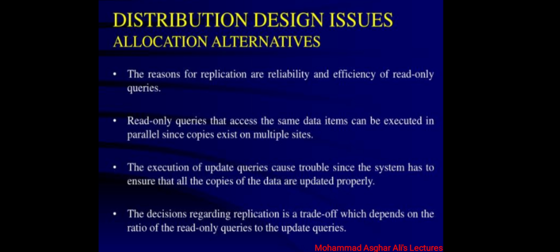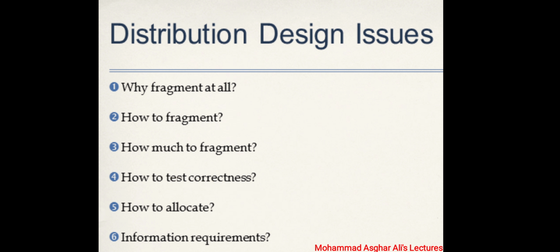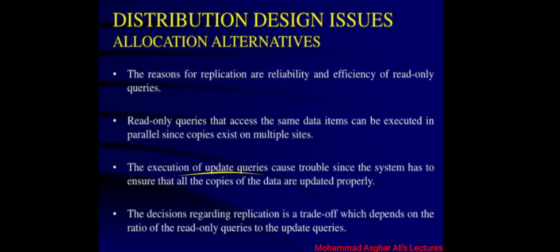Next point is how to allocate. Allocation alternatives. When data is allocated, it may either be replicated or maintained as a single copy. The reasons for replication are reliability and efficiency of read-only queries.